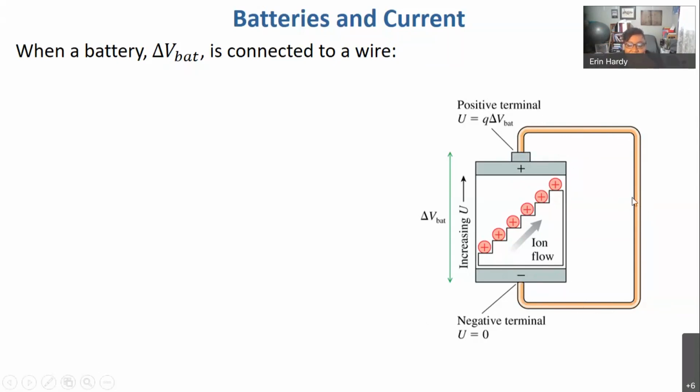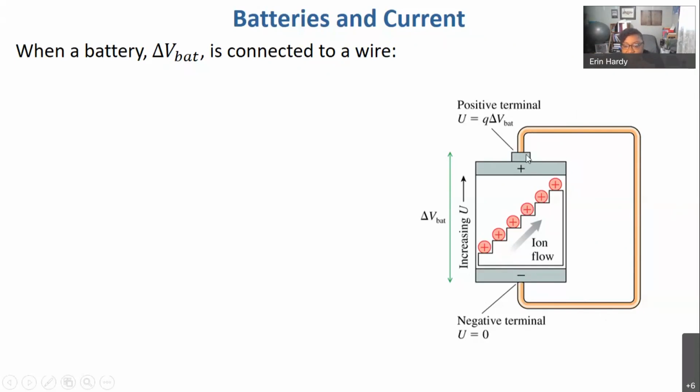I mentioned that we could imagine putting a light bulb or some resistor inside of this circuit, so that now the act of moving through the wires is not the only place that our charge carrier can lose potential energy. This is exactly what happens in a simple light bulb circuit.